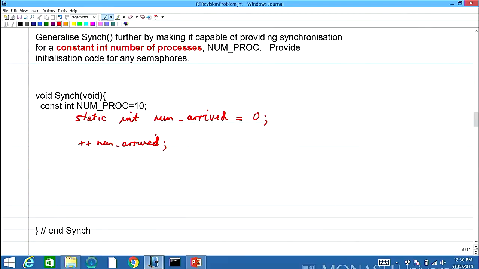So what condition do you have to check in order to say I'm going to block the current caller? What do you check? It's obviously an if statement. So we're going to do this if something or other, then we're going to wait on our semaphore like we have previously.